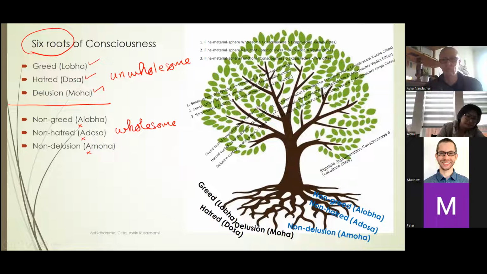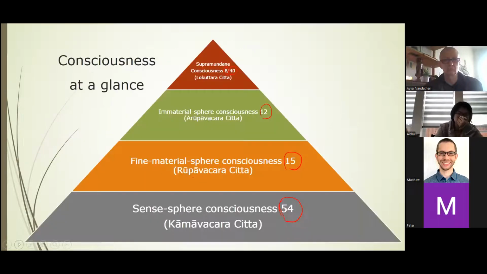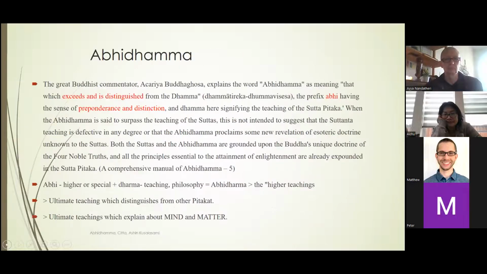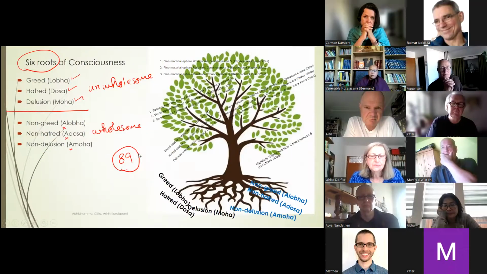We have talked about the 89 consciousness altogether at the beginning. I hope you remember. Let me show you here. When we calculate all this together, there are 89 consciousness.